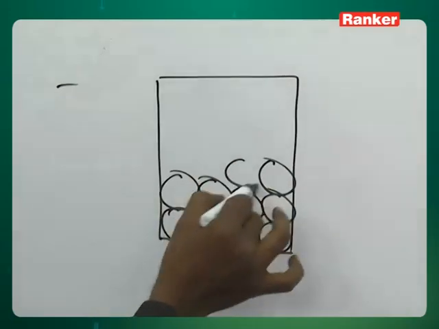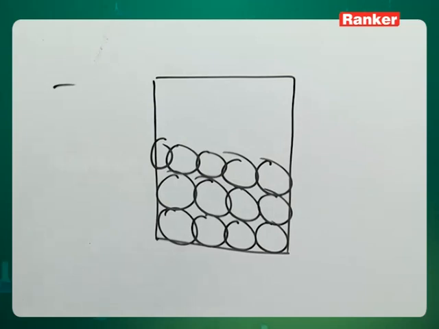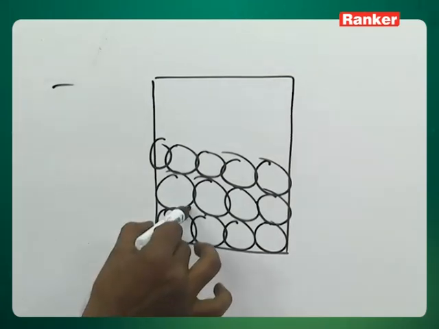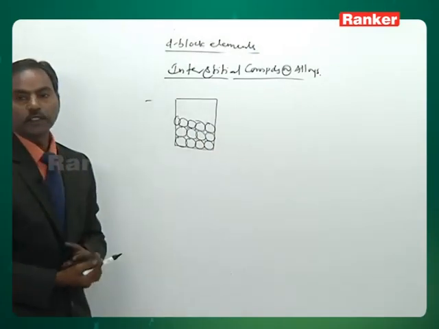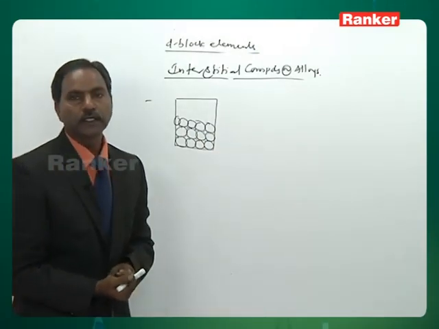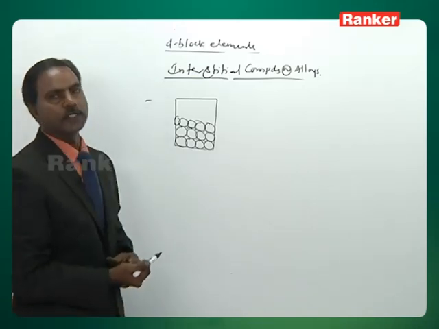Yes, you are clearly observing on the board, however tightly they are packed, there are interatomic spaces. These interatomic spaces we call interstices.